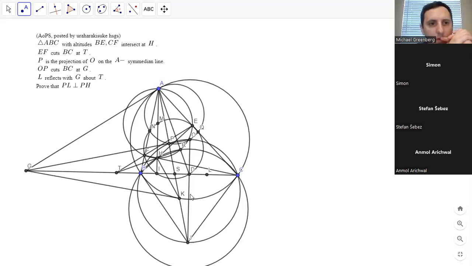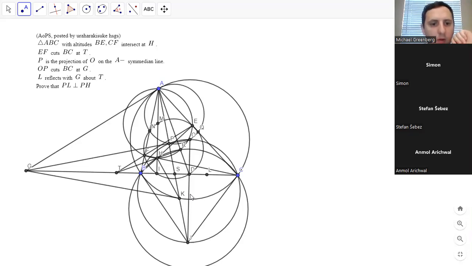Oh, I think that the problem is equivalent to showing that TP is perpendicular to HK. Oh, really? Yeah. How I got to that is we would apply a polar transform. Let's step back a bit.